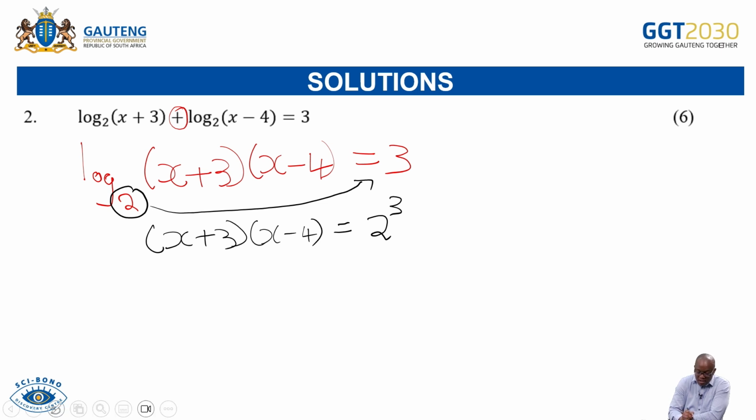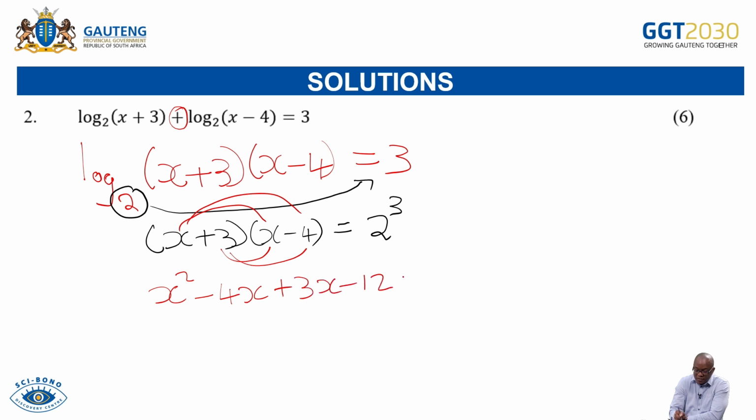Then now we apply our FOIL method, or we can say distributive property, to remove our bracket. So we're going to have x squared minus 4x plus 3x minus 12 is equal to 8. 2 cubed is 8.